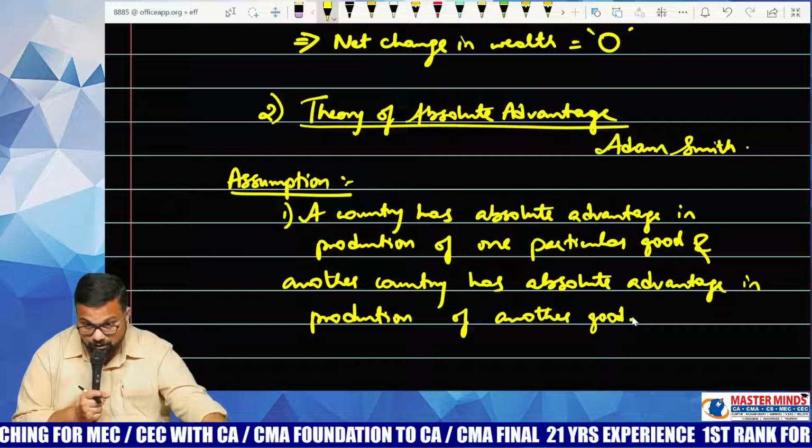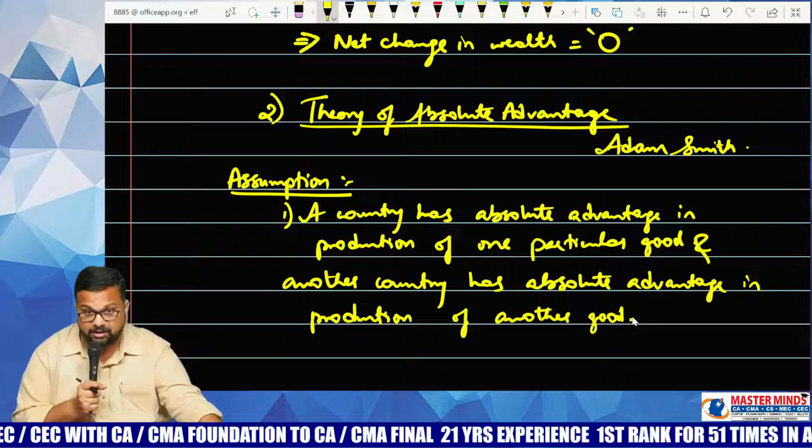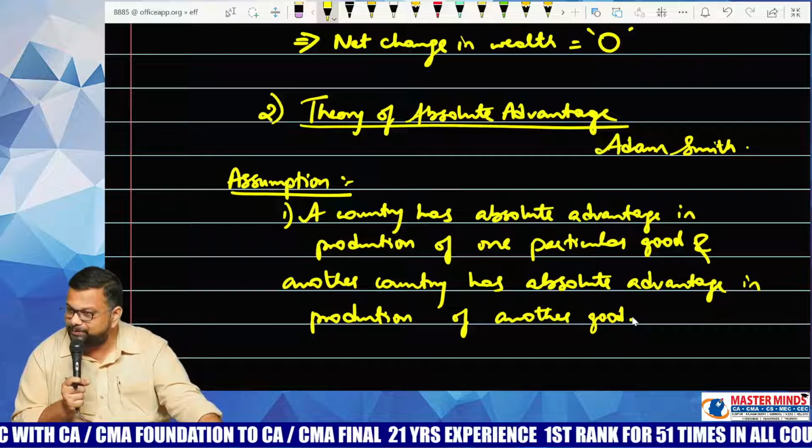For example, if India has absolute advantage in production of good A, USA will have absolute advantage in production of good B.